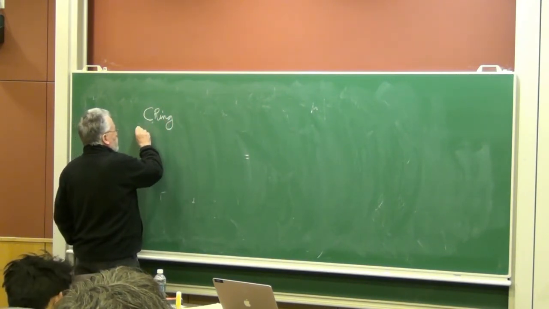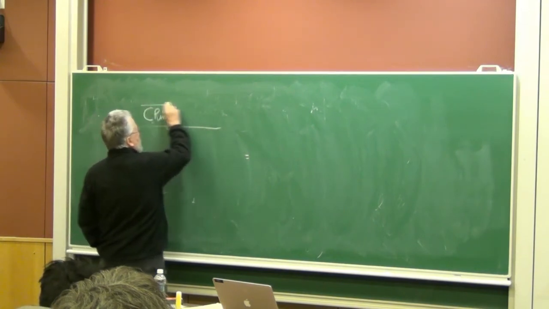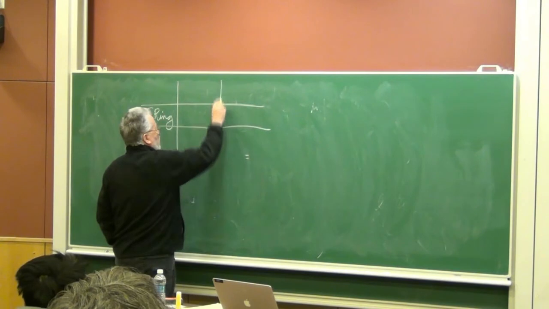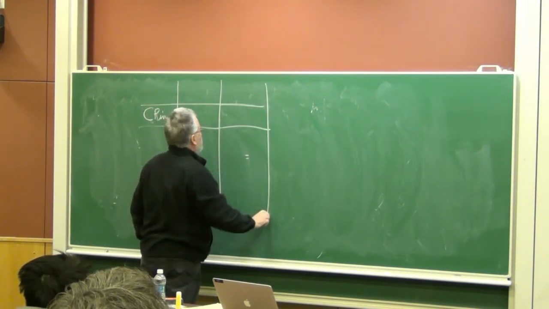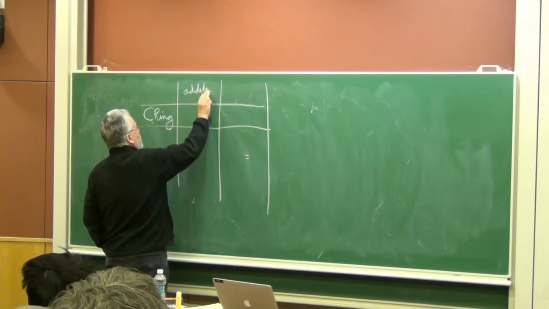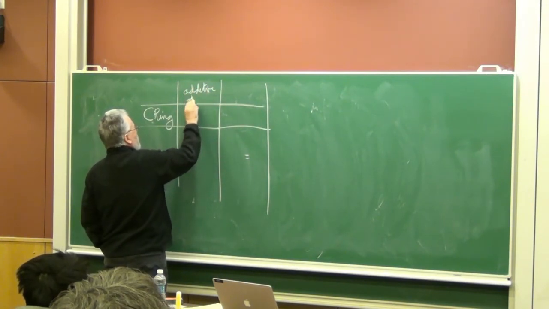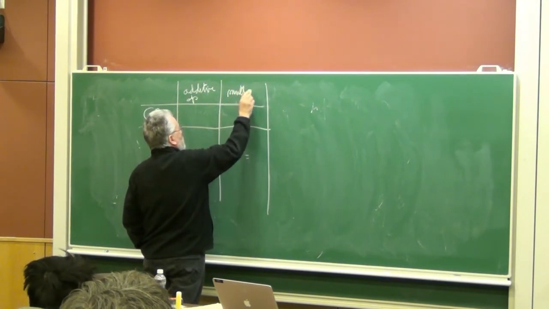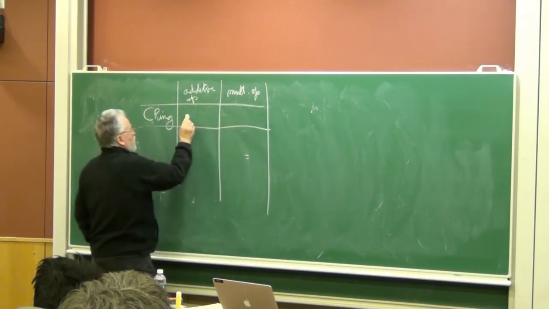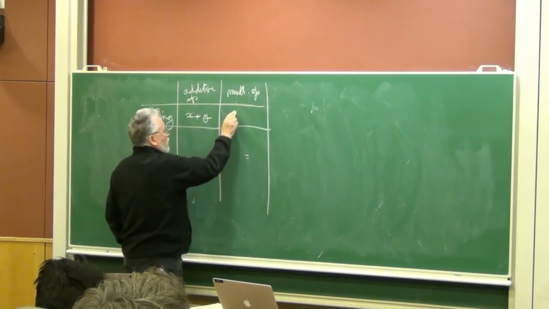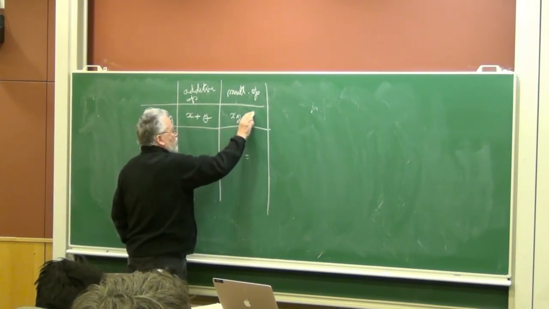The notion of commutative ring is based on two operations: an additive operation and a multiplicative operation, x plus y and x times y, and the unit.